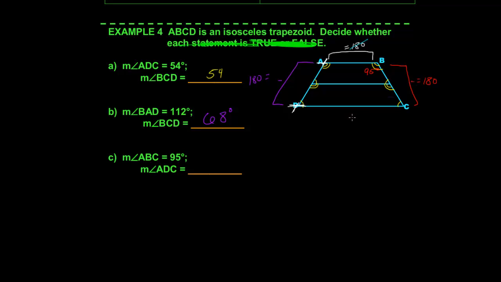We don't know this one, but once we find it, we'll find this one as well. X plus 95 equals 180, minus 95, minus 95. X should then equal 85 degrees.